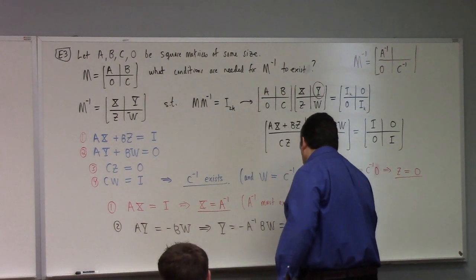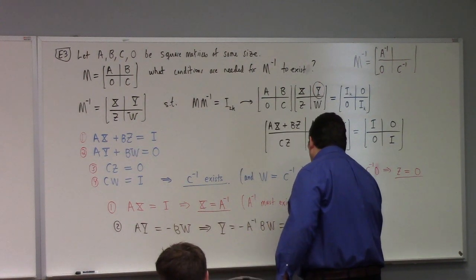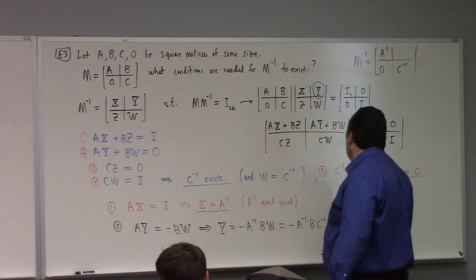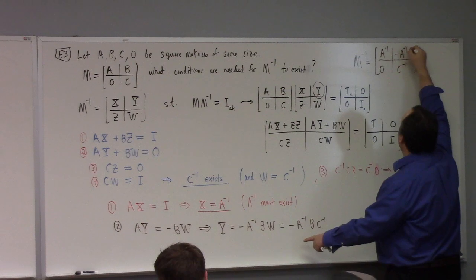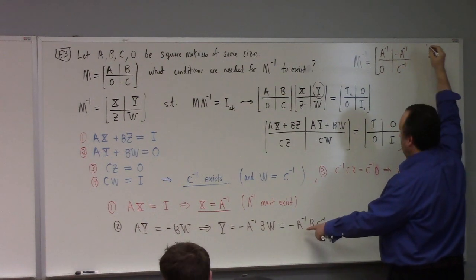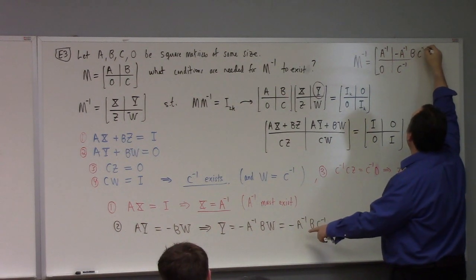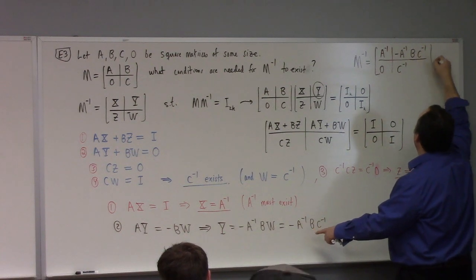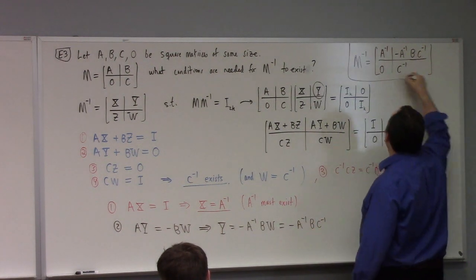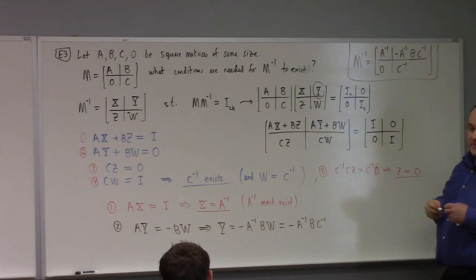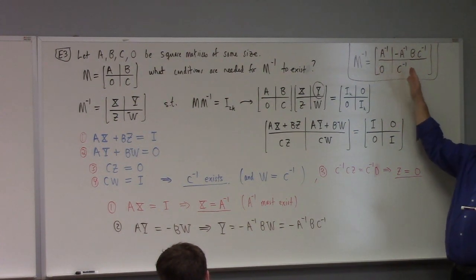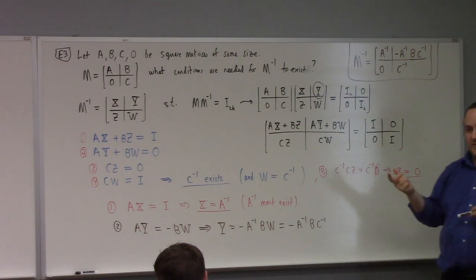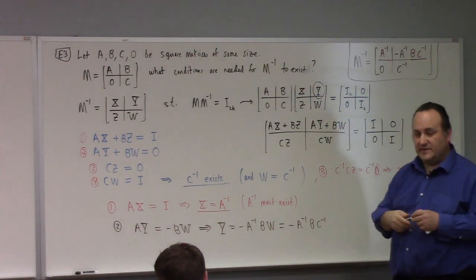So Y is equal to minus A inverse B C inverse. And so there you go, that's the missing puzzle piece. And there you have it. That's the inverse for this block matrix, provided that A inverse and C inverse exist. If either A inverse or C inverse fails to exist, the block matrix doesn't have an inverse.